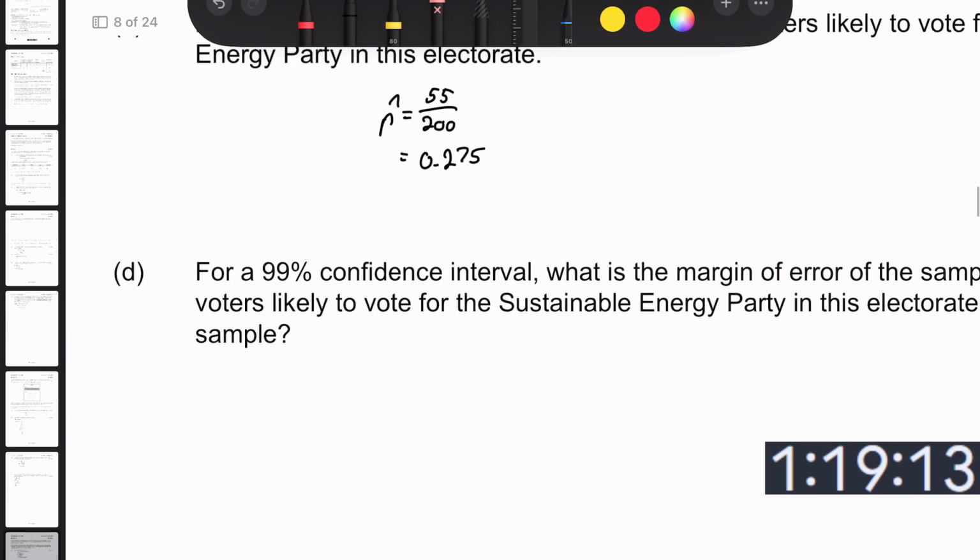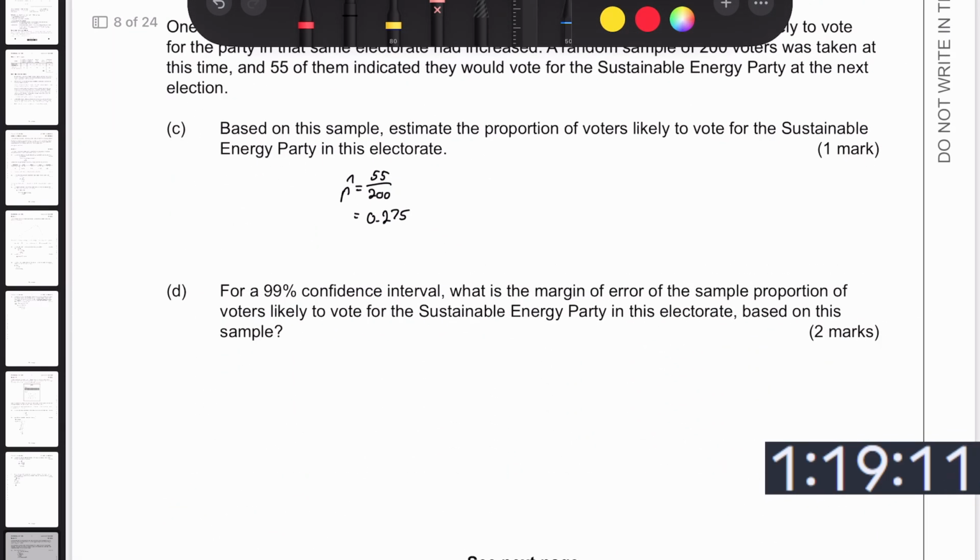For 99%, what is the margin of error of the sample proportion of voters in this electorate based on this sample?